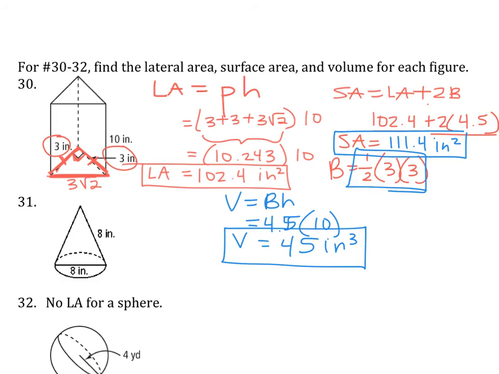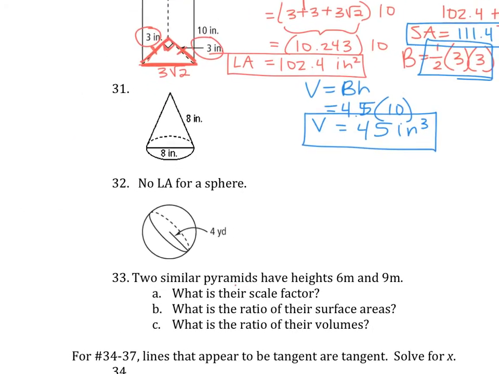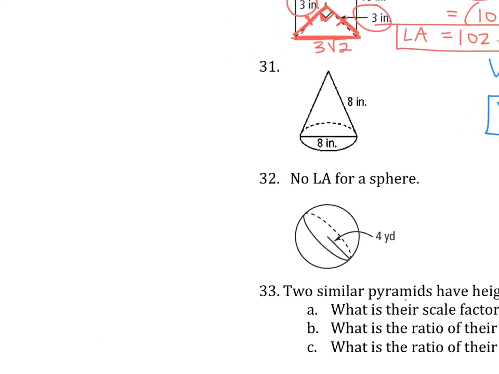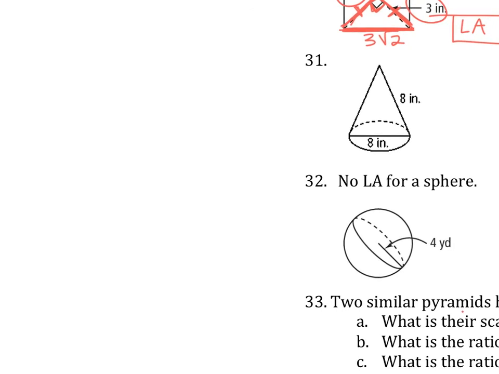All right, 31. Name that figure. Cone. It's a cone. Okay, we're gonna move over here since I'm kind of running out of space over there. In this cone, your formula, lateral area of a cone is 1/2 PL. Can you tell me what P would be in this problem?